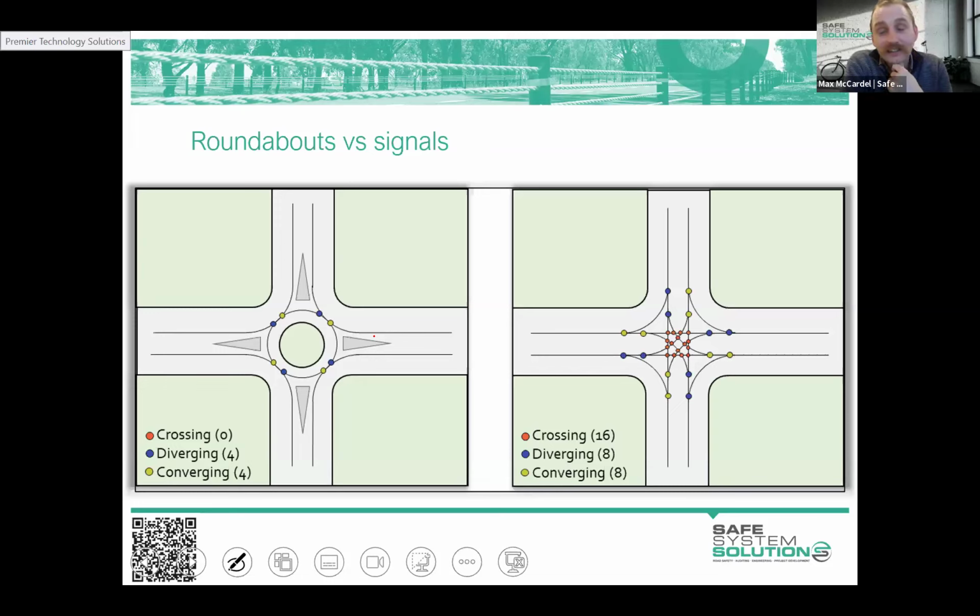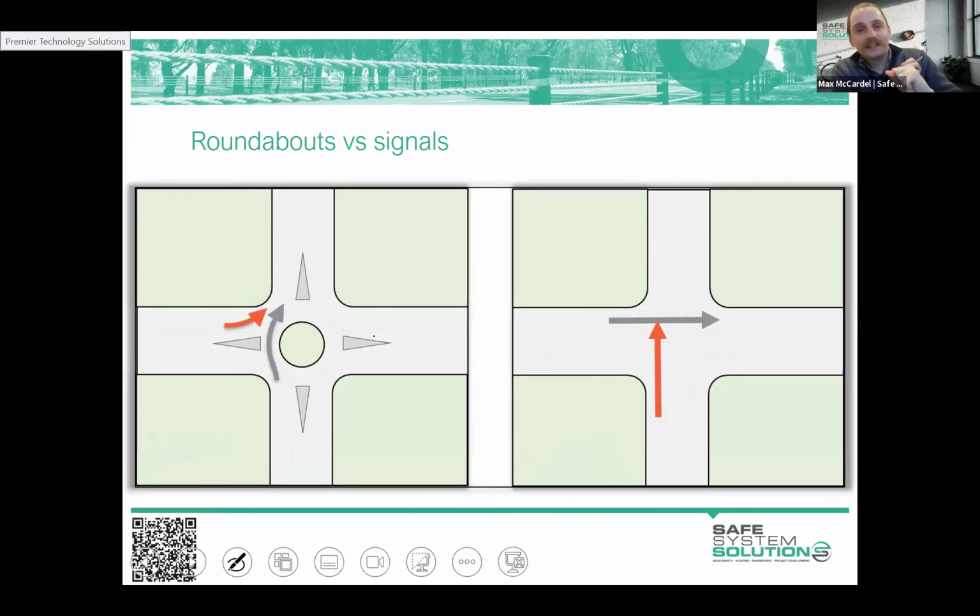And you can see there's a lot more dots within traffic signals just because there's a lot more conflict points within those environments. Roundabouts simplify that, less conflict points. We already spoke about this, but just to reiterate, the conflict angle as well is much improved for roundabouts, because you've got that acute type angle occurring, as opposed to that quite significant 90-degree perpendicular crash line.